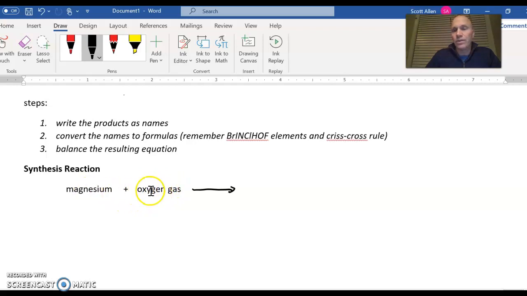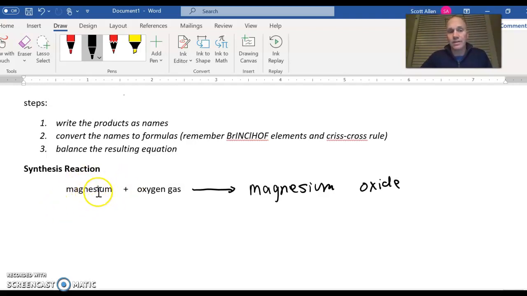So this is going to make the compound which is the combination of magnesium and oxygen, and that is going to be magnesium oxide. That's an ionic compound. The hint for that being an ionic compound is that magnesium is a metal and oxygen is a non-metal, so it's going to make magnesium oxide.